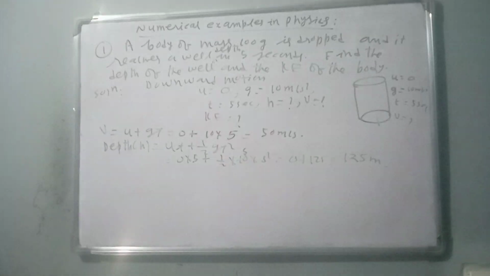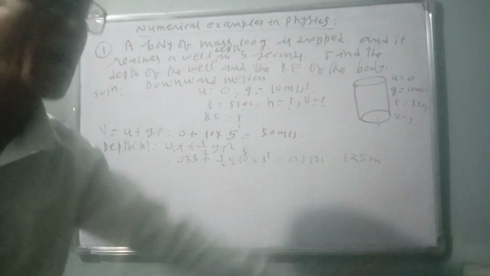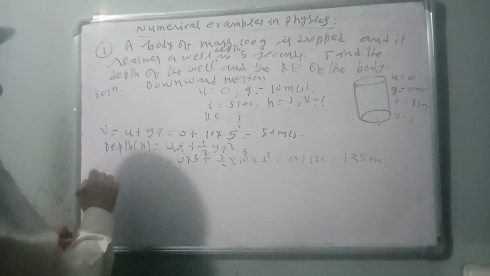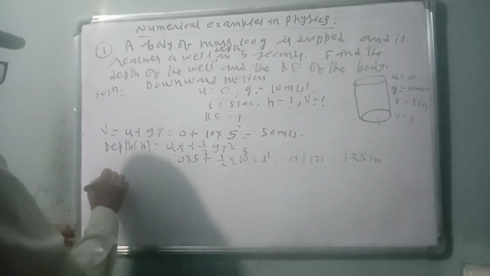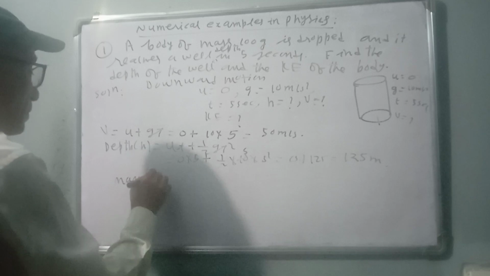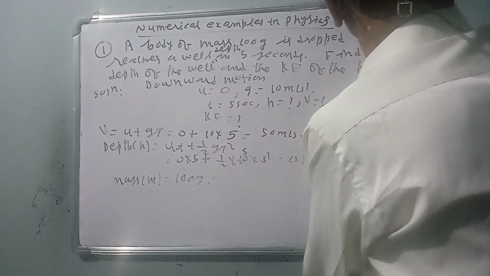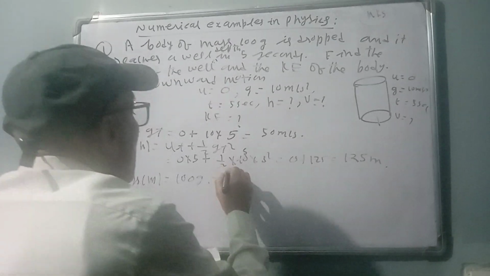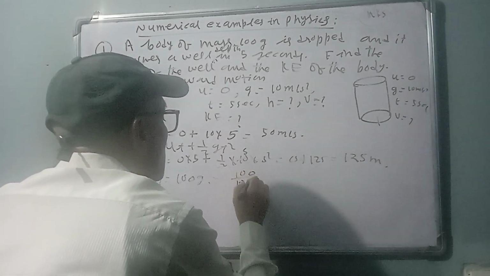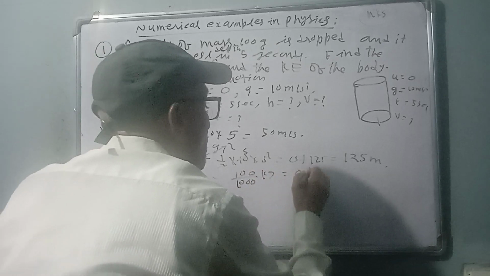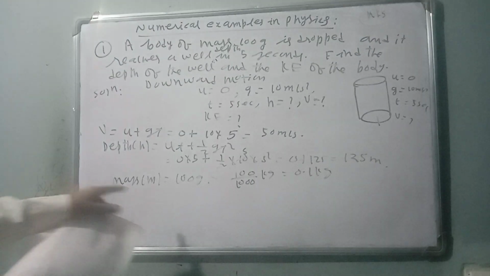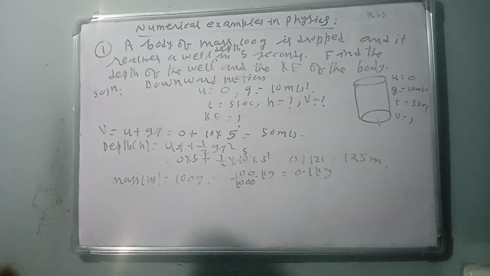The well is 125 meter deep. Now to find kinetic energy, what is the mass of the body? Mass is 100 gram. You have to know the MKS system, meter kg second. So change 100 gram into 0.1 kg. You can change gram into kilogram. What is the formula of kinetic energy?